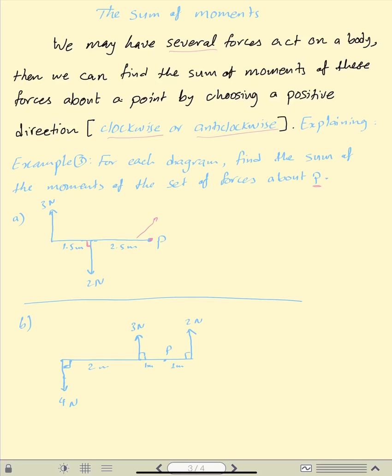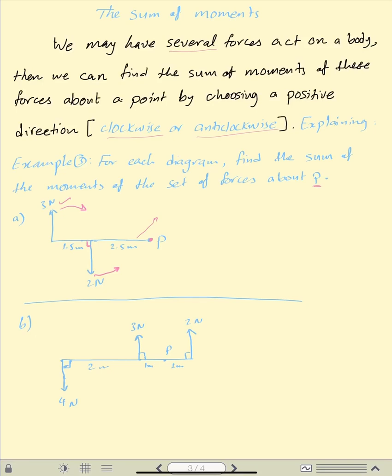All right. So the first example is, the first force is 3 Newtons, and the point P is here. So directly, when I have this, draw an arc, just to remind yourself where the direction is. We have 2 Newtons downward in this direction.